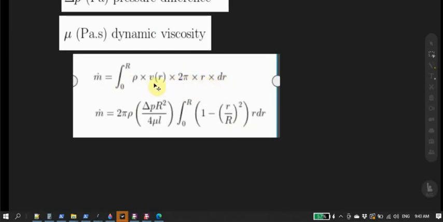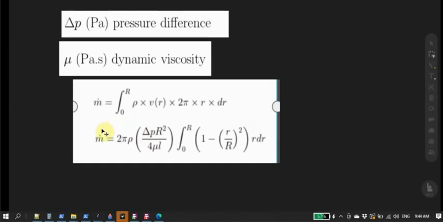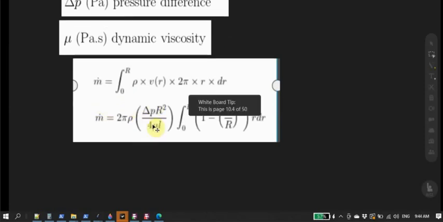And then we have the local density, the density of the water, right, and then we have this mass flow rate in the pipe, right?